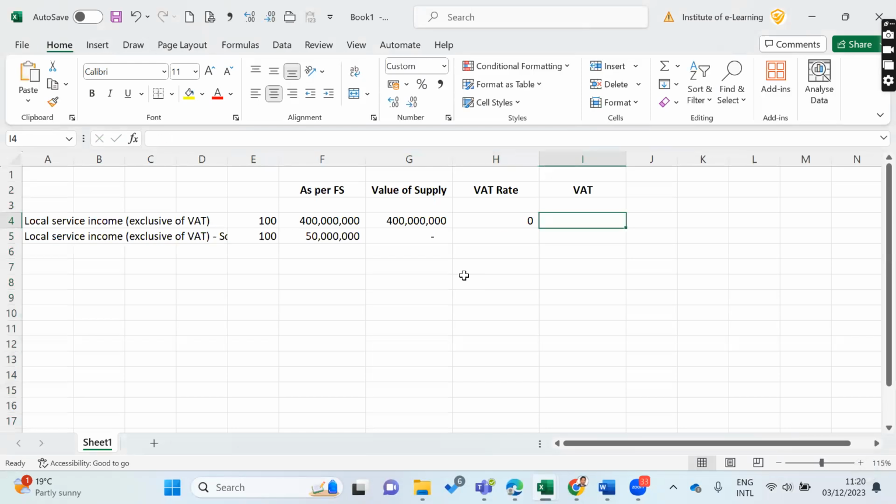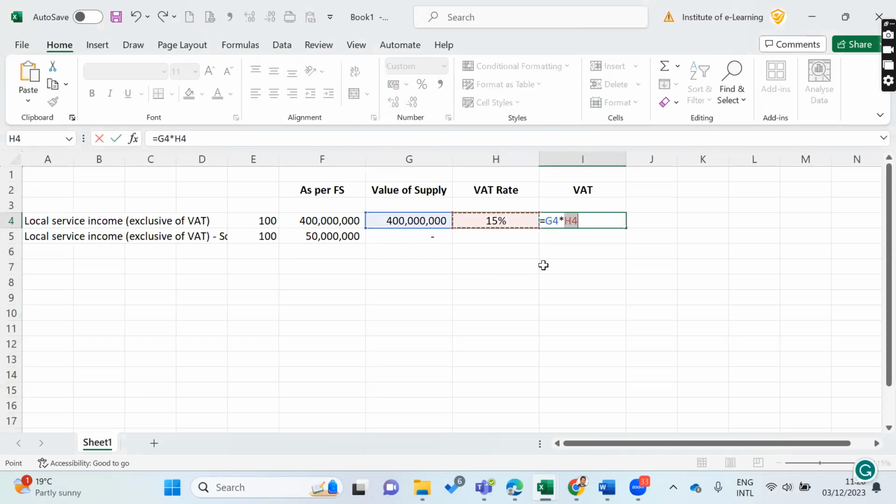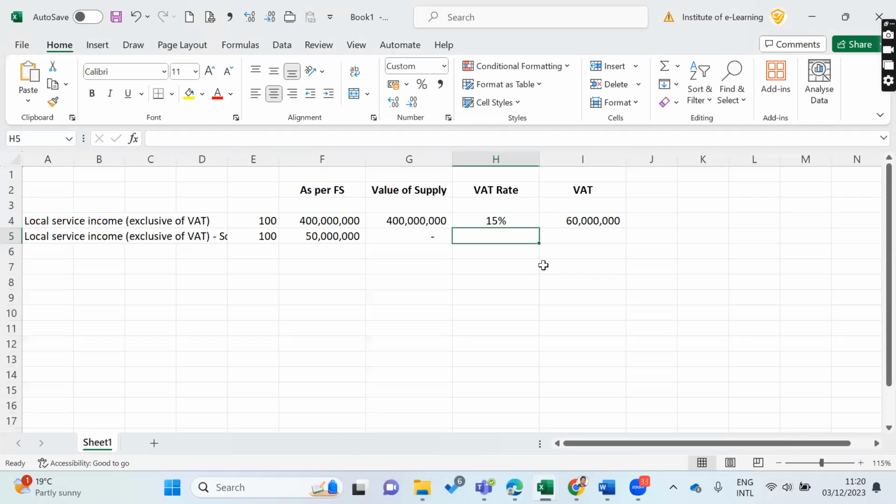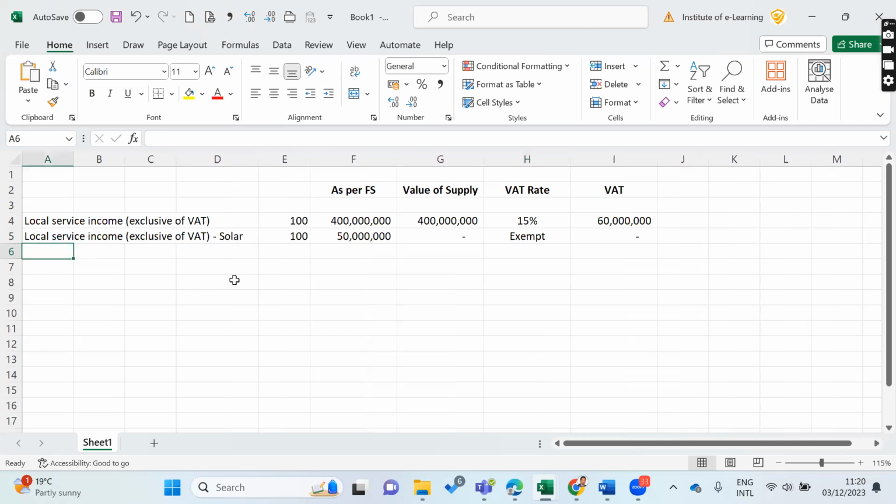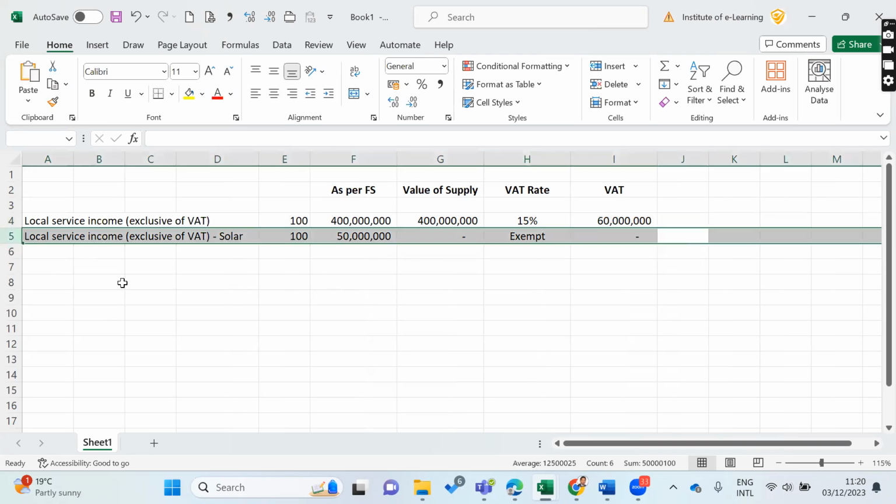The VAT rate, 15%, right? Here I will mention this as exempt. We will not consider anything because solar supply is exempt. Then this part is clear. Hope you will get marks allocated for this part and this part as well, right?